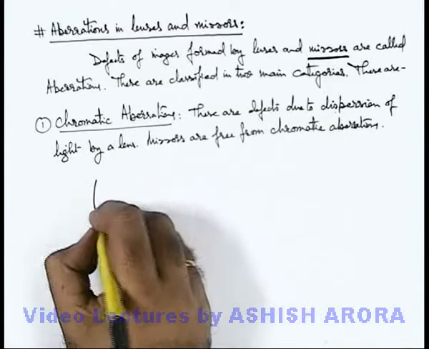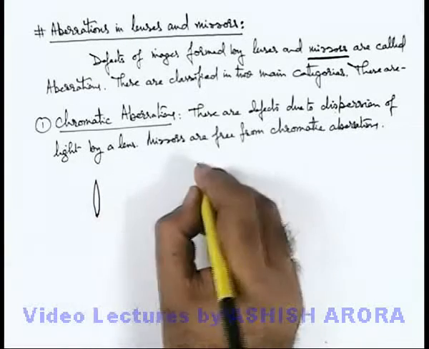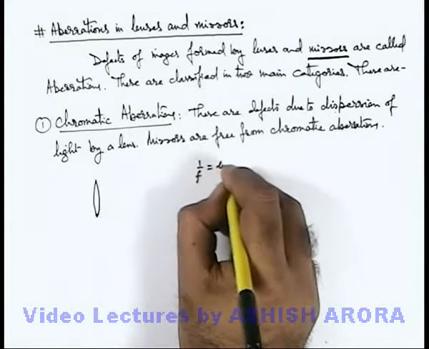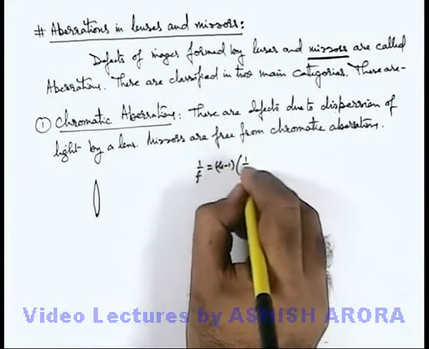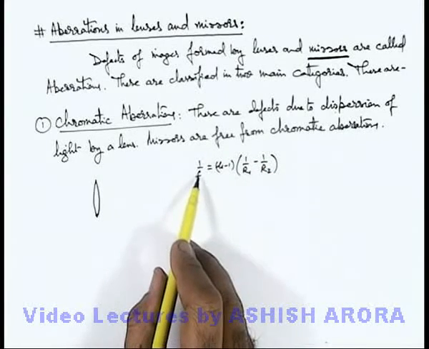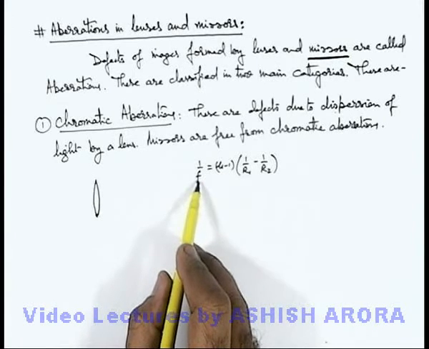If we talk about a convex lens, its focal length is given by lens maker's formula, which is 1 by f is equal to (mu minus 1) times (1 by r1 minus 1 by r2). Here we can see that if refractive index increases, the focal length of the lens decreases.